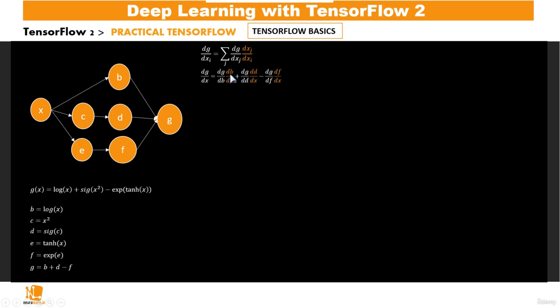Concretely, the derivative of g with respect to x is dg with respect to b times db with respect to x, plus dg with respect to d times dd with respect to x, minus dg with respect to f times df with respect to x. We had seen this already.